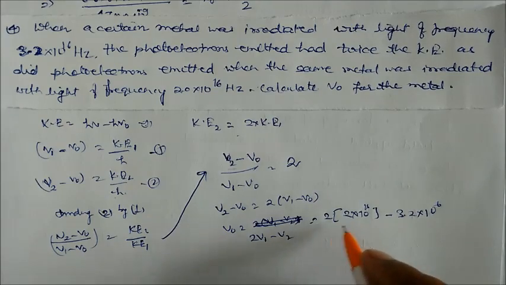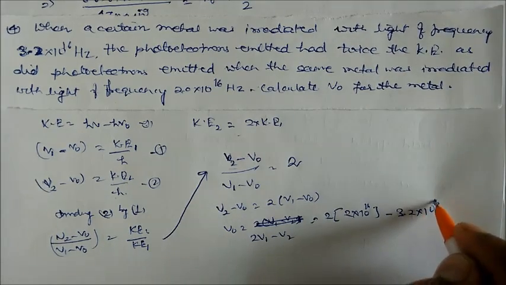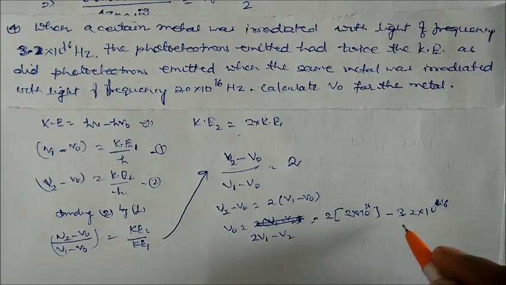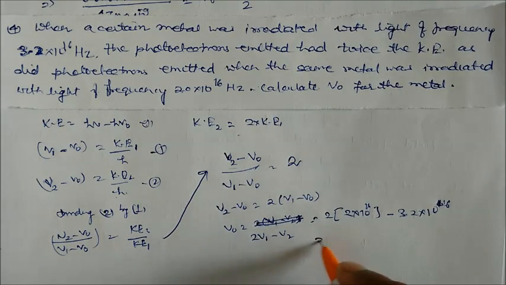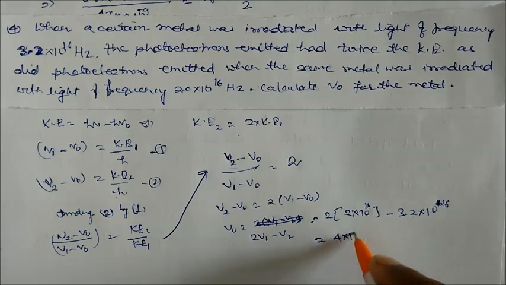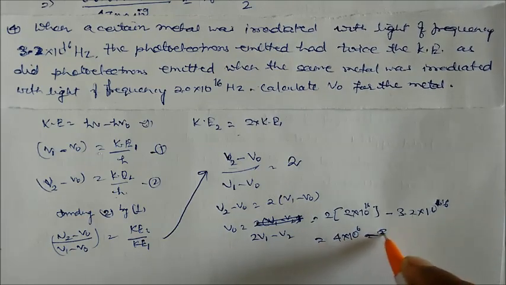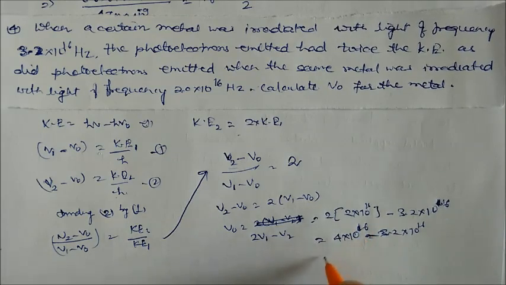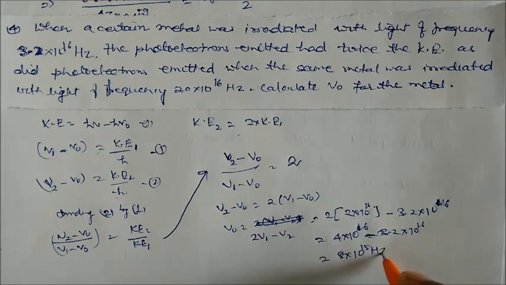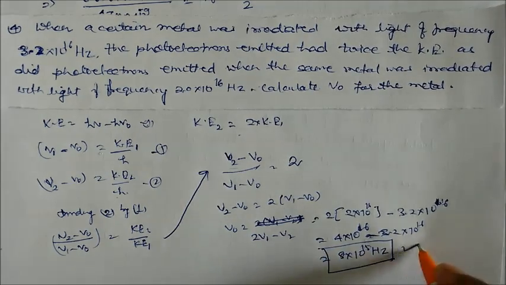So 2 into 2 is 4, so 4 minus 3.2. On solving, this is equal to 4 minus 3.2 into 10 to the power 16. So you will get here 8 into 10 power 15 Hz. So this is our answer.